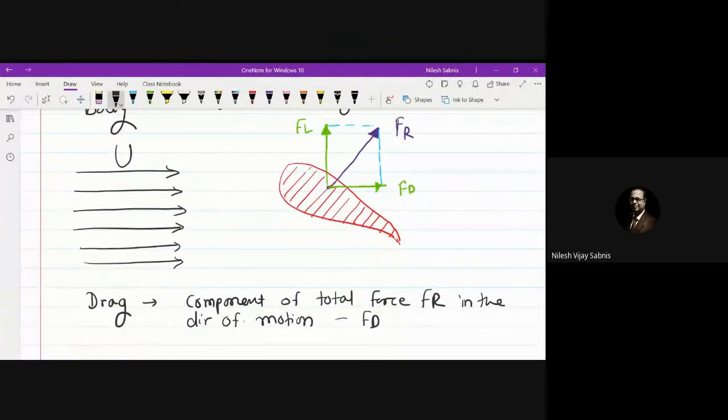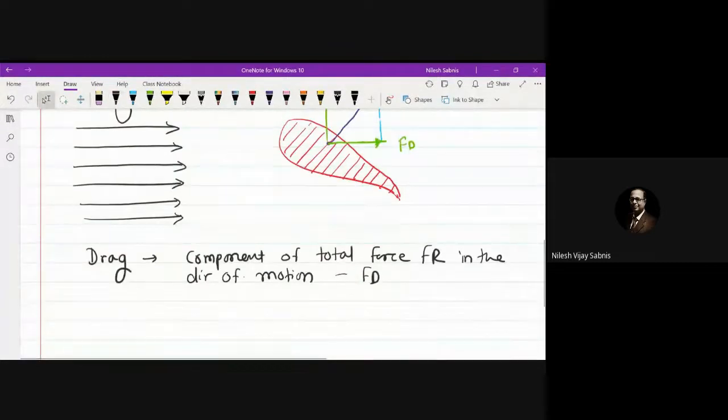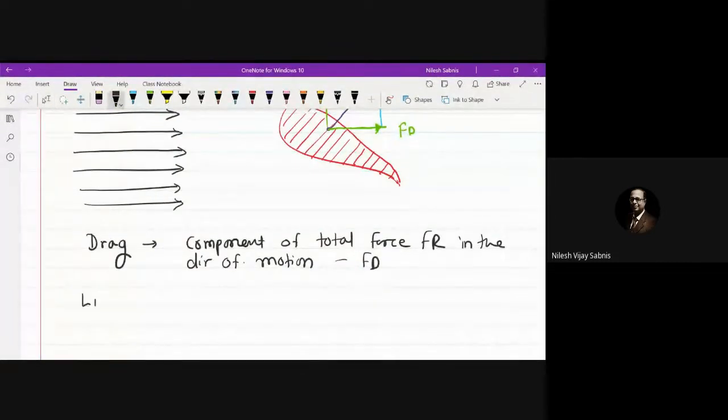Drag is a force exerted by fluid in the direction of motion. This first definition comes into the picture.